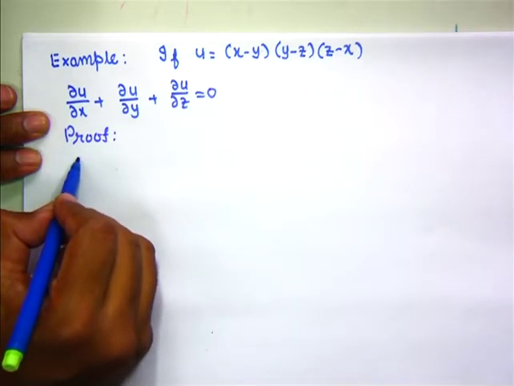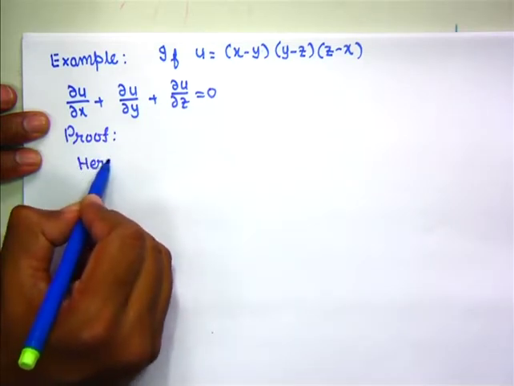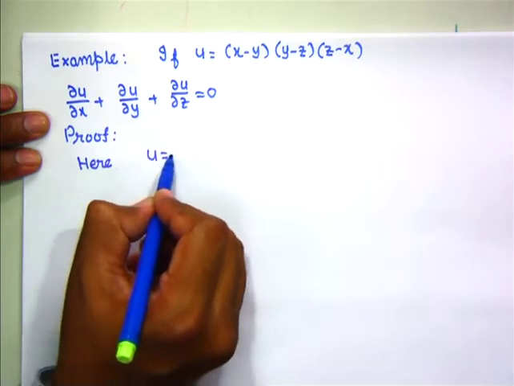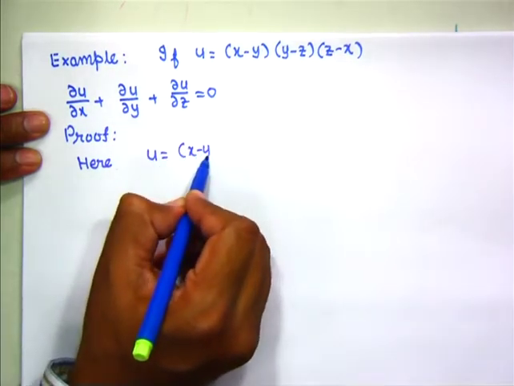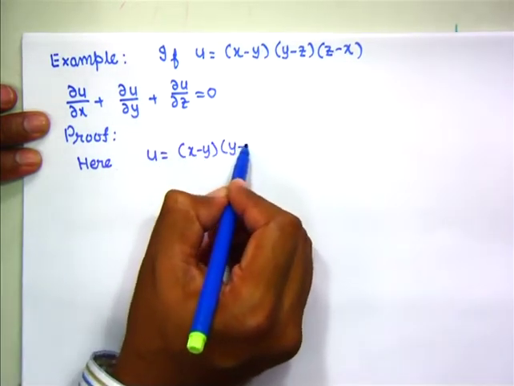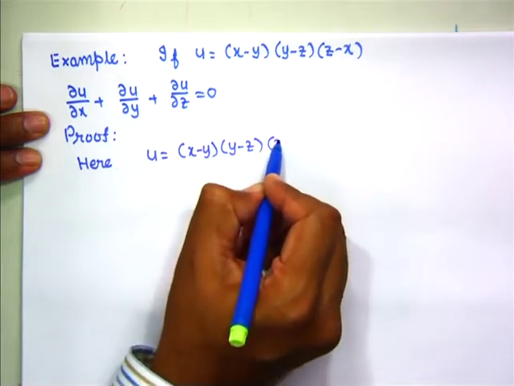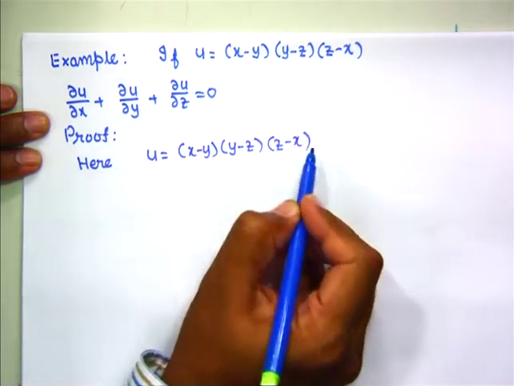Here u is equal to x minus y into y minus z into z minus x is given.